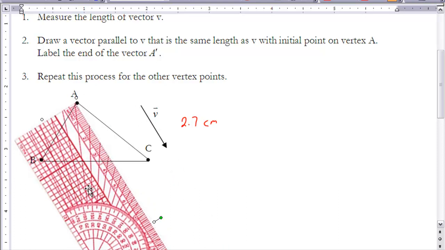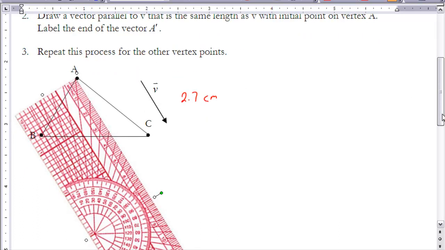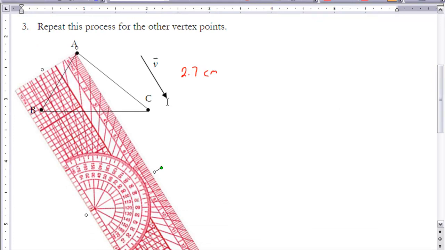I'm going to move the same distance in that same direction. I'm holding my ruler parallel to the vector, and you can eyeball that. It doesn't have to be perfect. I measure down to where 2.7 is, plot my new point, and that new point is A prime.